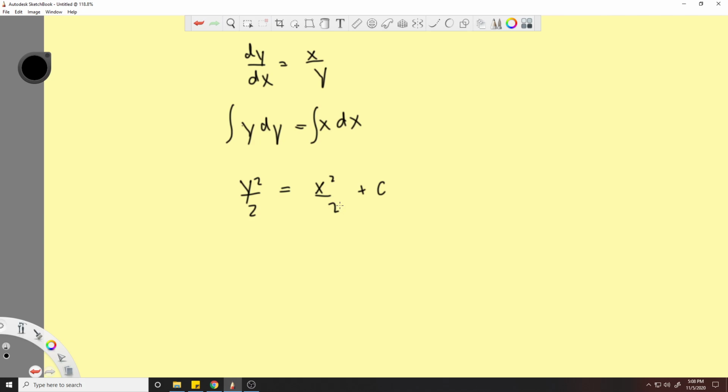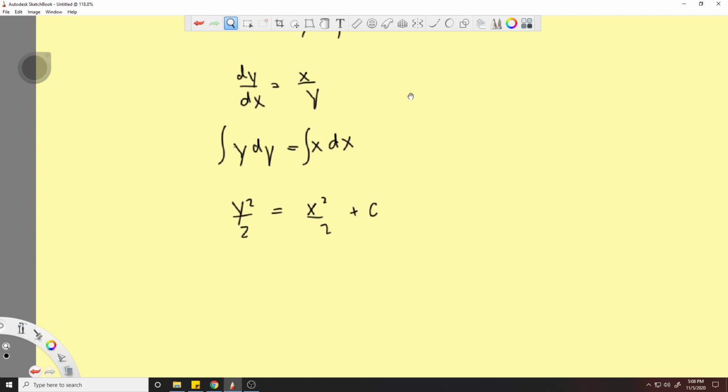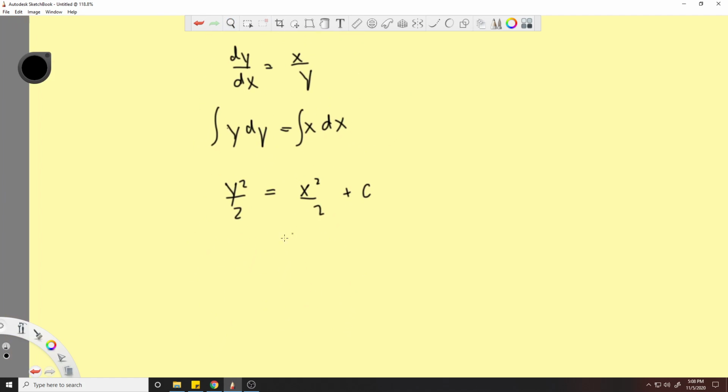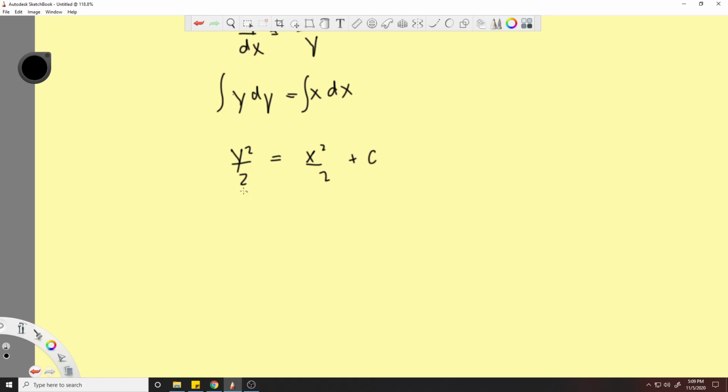Now we can eliminate these 2's because if we multiply everything by 2, we get y squared equals x squared plus 2c. But 2c is really just another form of c.